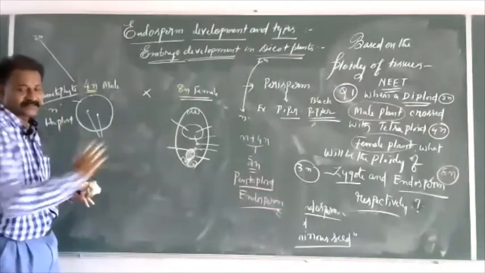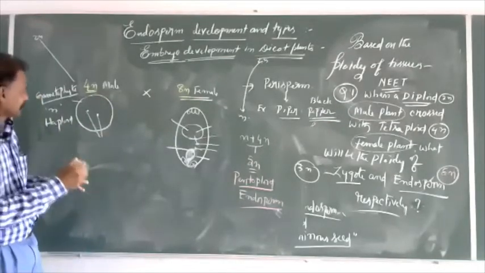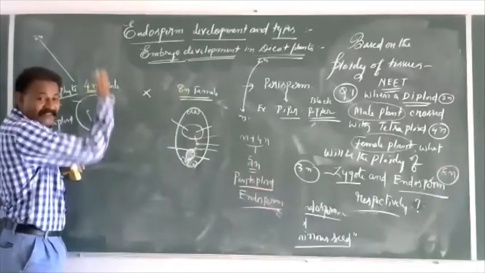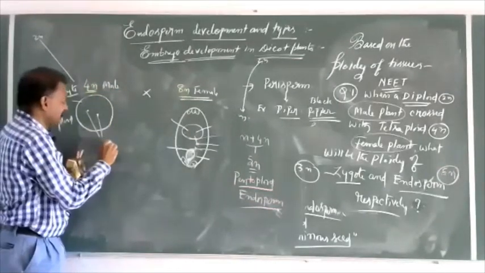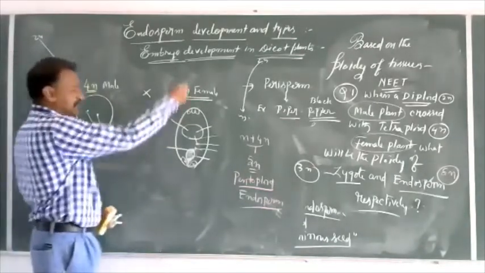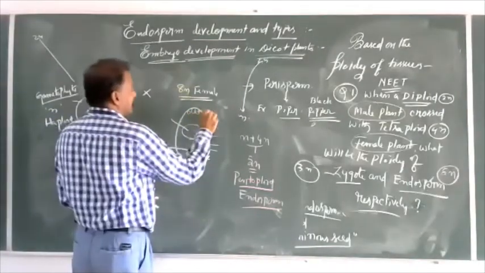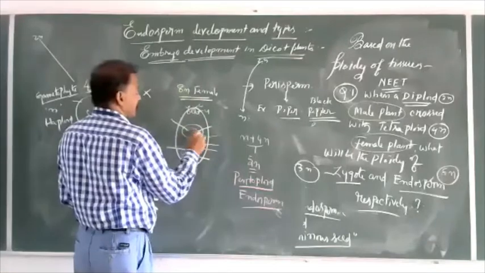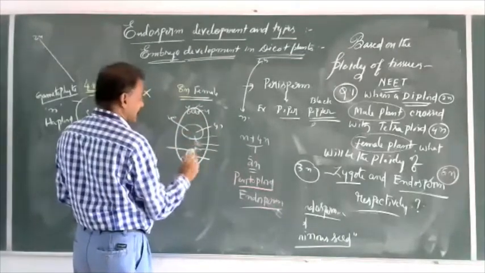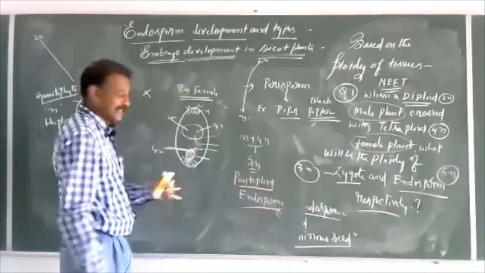Respectively means in sequence, one after the other. If a question comes like this, simply 4n is the structure, so each half is 2n, 2n. Here 8n means half, everyone is 4n, 4, 4, 4 plus 4, 8 central cell, 4n egg, 4n.